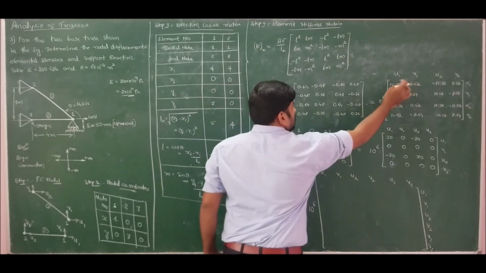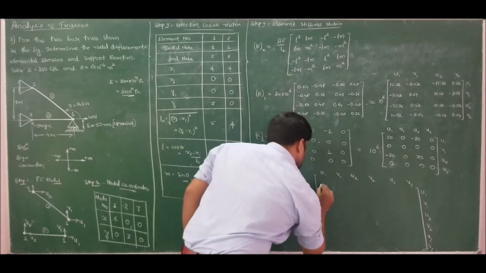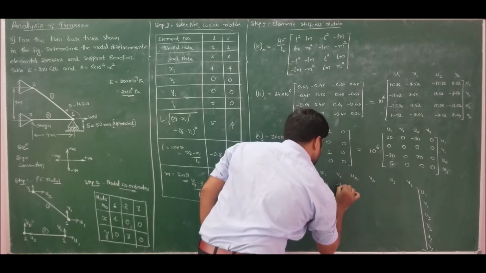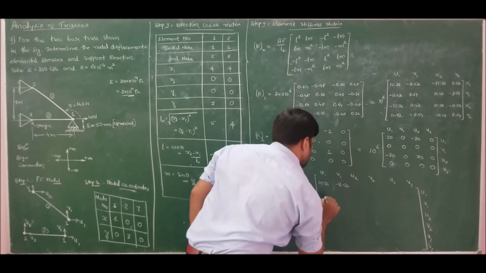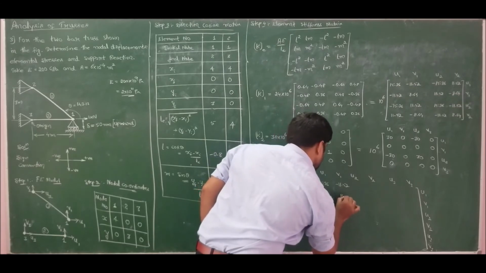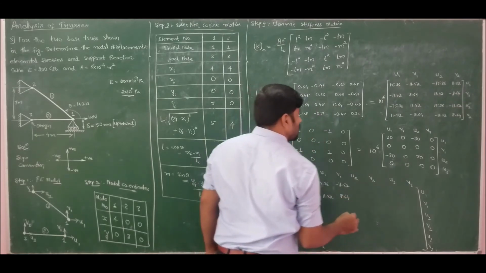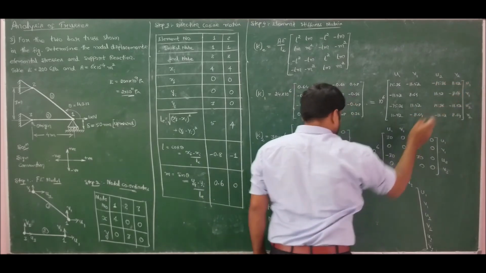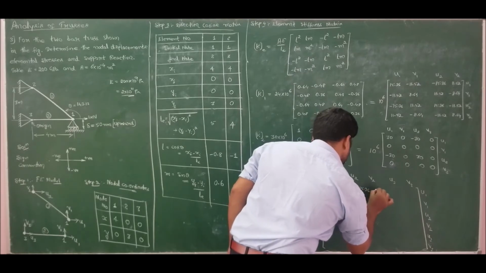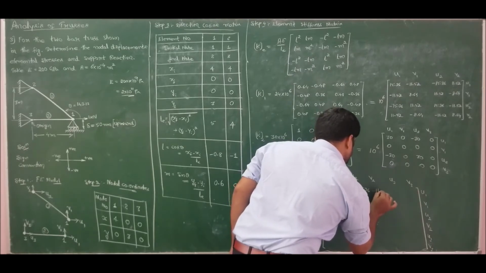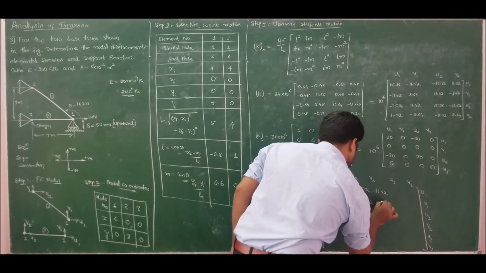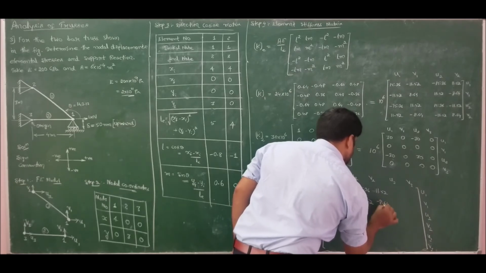Taking these 4, it is U1 V1 cross U1 V1. So I will get 15.36, 11.52, 11.52, 8.64. U2 V2 cross U1 V1 will be minus 15.36, minus 11.52, minus 11.52, minus 8.64.